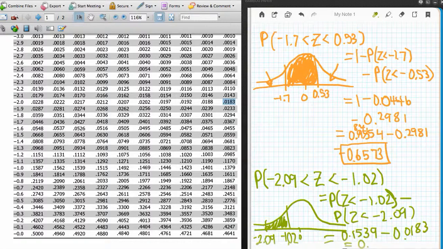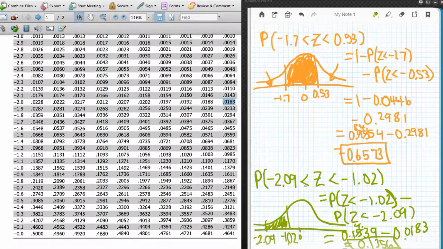So 9 minus 3 is 6, 3 minus 8, I can't do it, so I have to borrow. 13 minus 8 is 5, 4 minus 1 is 3, 1 minus 0 is 1. So there's my probability of being between those.